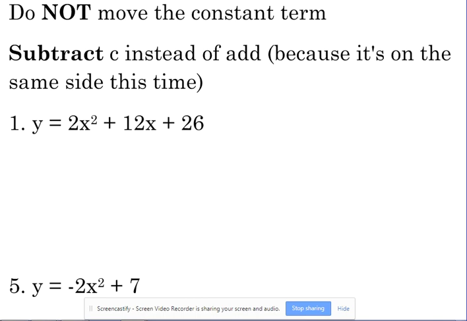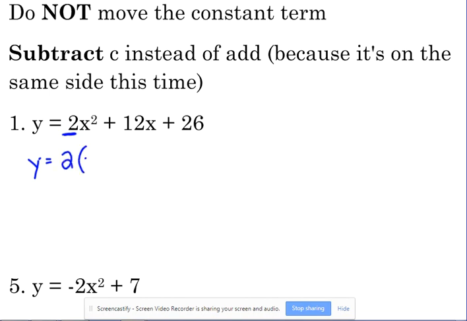We're not moving c to the other side, so what came after that, though? If we're completing the square, what came after that? Okay, what happened when a was not 1? We got to factor it out.